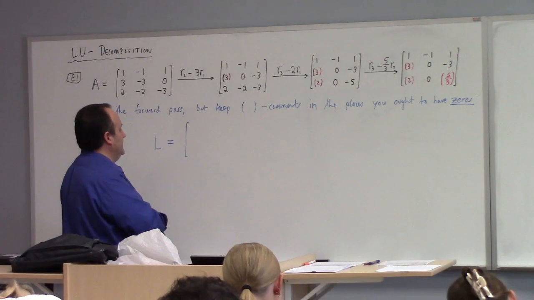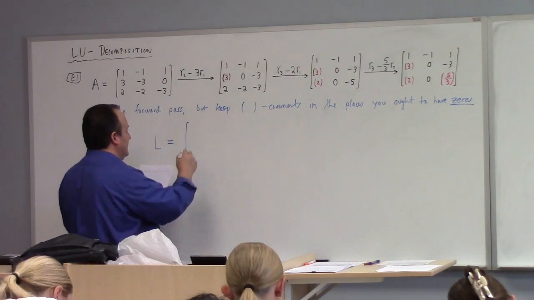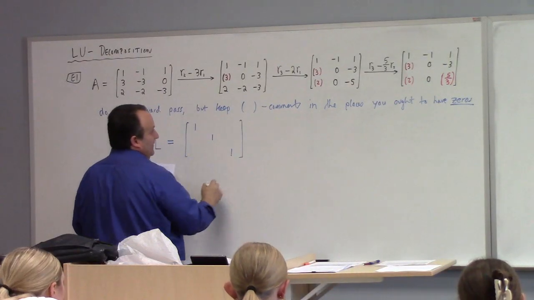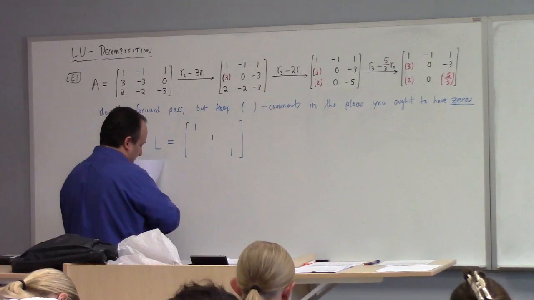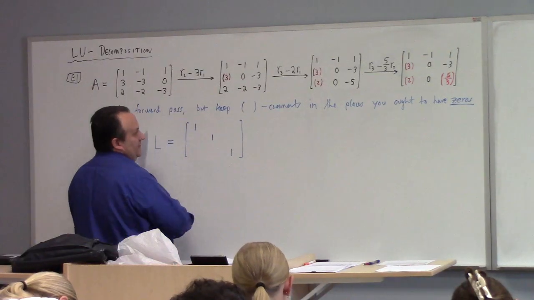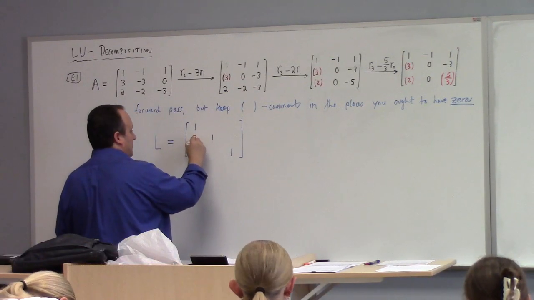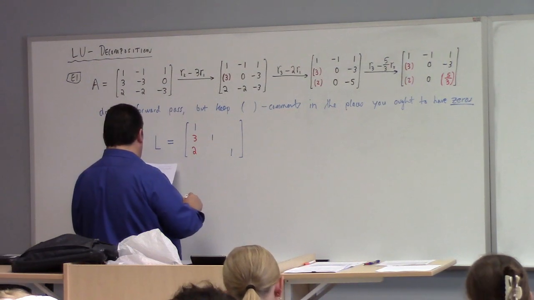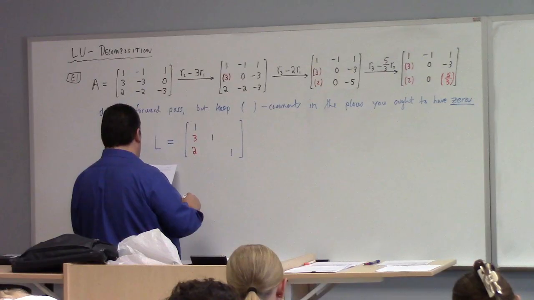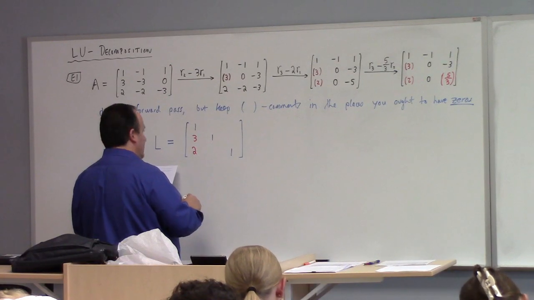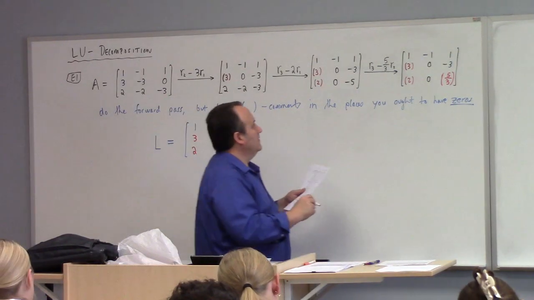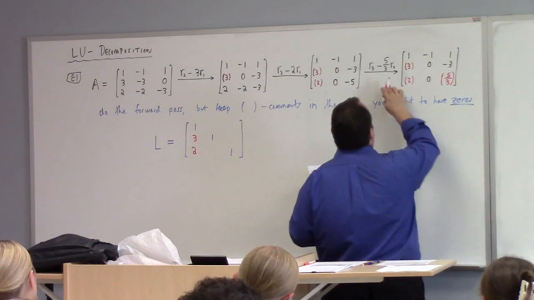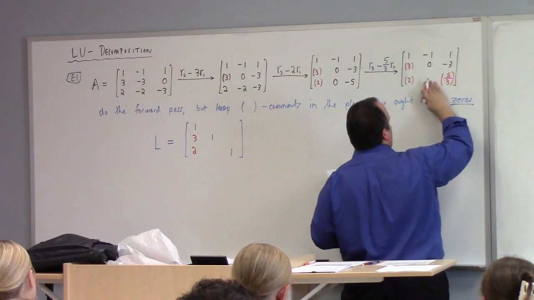So this is the L, you put the identity, like so, and then the parenthetical numbers appear up in here. So you got yourself a 3, you got yourself a 2, and, oh my bad. Wait a minute. Oh, I did that wrong. Oh, because this is based on R2, this is not where it goes.